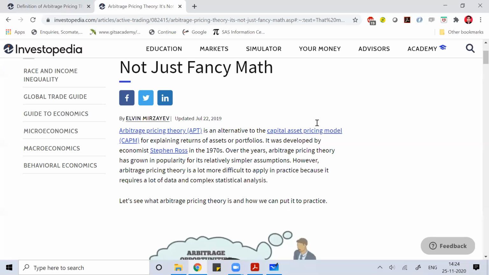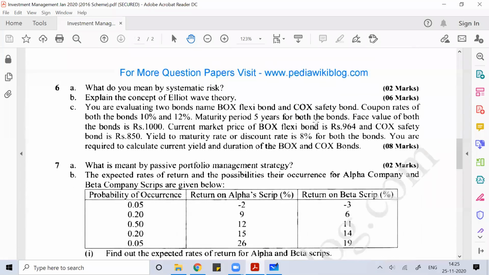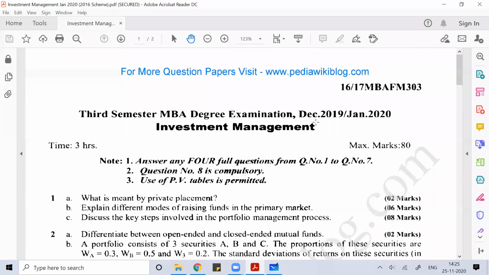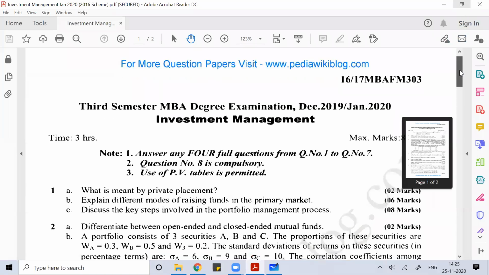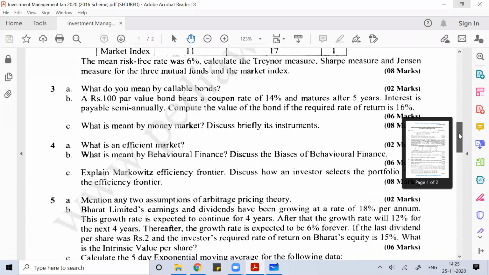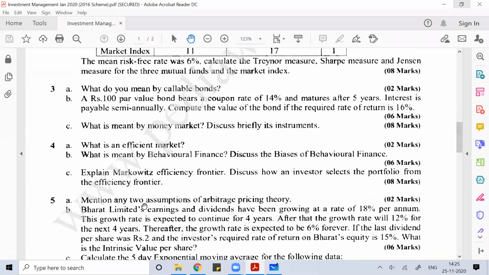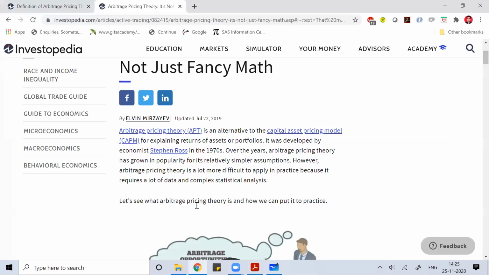For exam purposes, last year this question came: what are the assumptions of the arbitrage pricing model. You can see question number 5A, 2 marks, mention any two assumptions of the arbitrage pricing model. So we'll discuss this question.